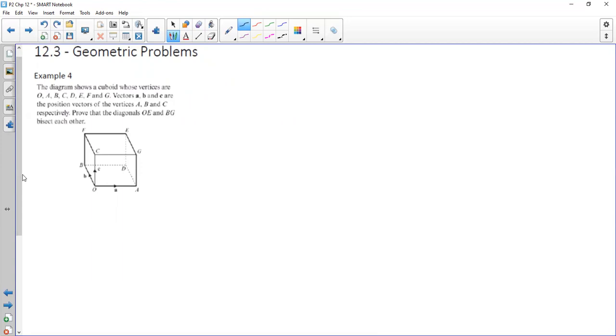Prove that the diagonals OE and BG bisect each other. So OE: O is there, and BG is there.